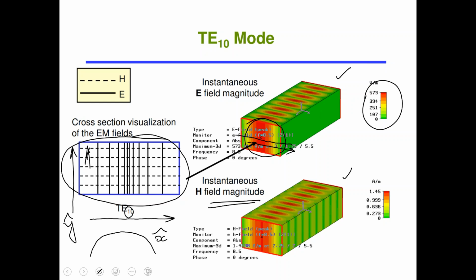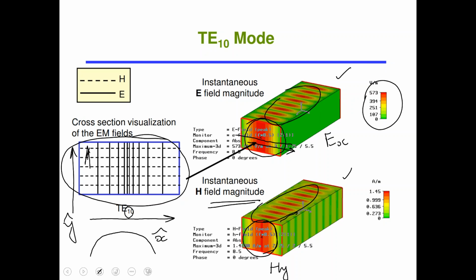This is now an Hy field, whereas the top one is an Ex field, and that variation is given like that. Then this field is propagating forward as a wave, and you can clearly see the waveforms which are created on the top in the X and Y direction.